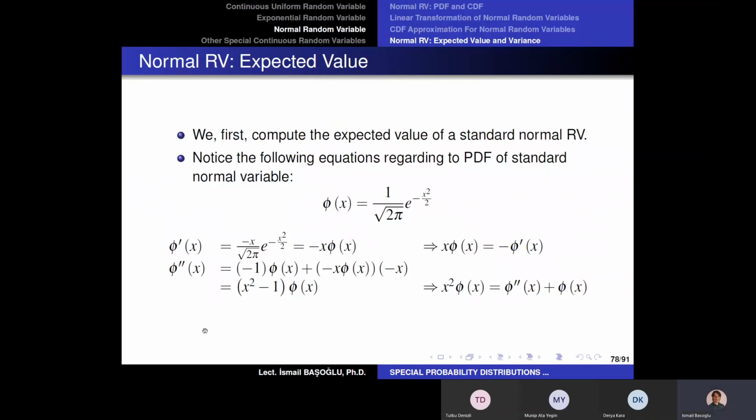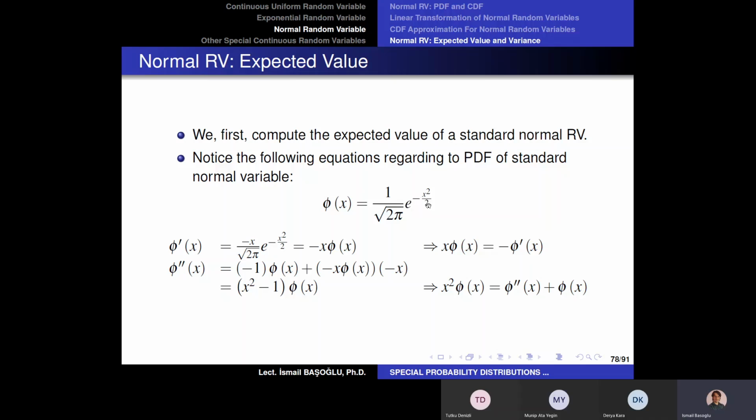But before solving that integral, let's take the first derivative and the second derivative of this phi of x function. Maybe we will find something useful to solve that integral. So let's take the first derivative of this function. The first derivative of exponential functions is the same as itself.